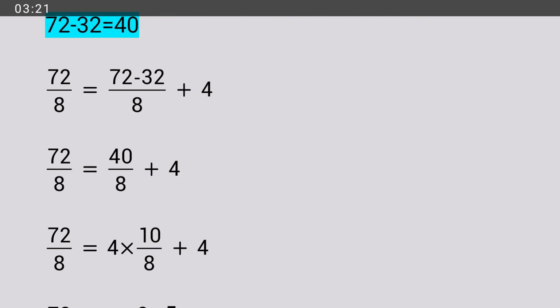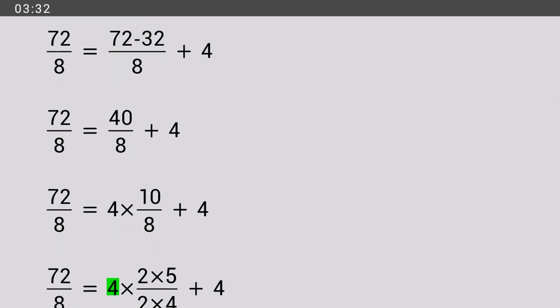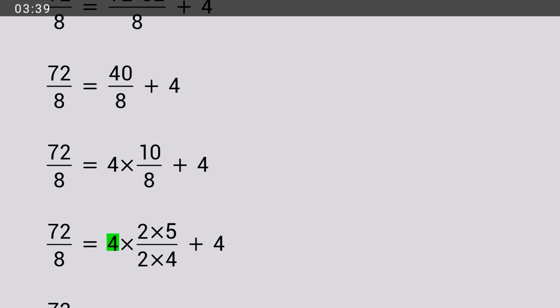The next step: how do we now simplify 40 over 8? Here we can write 40 over 8 as 4 times 10 over 8, plus 4. So 72 over 8 is equal to 4 times 10 over 8 plus 4.